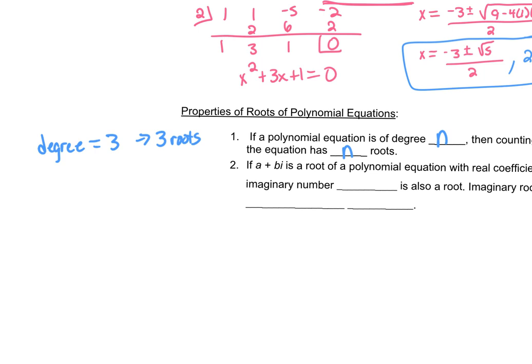Some of them might be real, some of them might be imaginary. We'll talk more about that next week. If I tell you that the degree is 5, how many roots are we going to have? 5 roots, right? Whatever the degree is, that's how many solutions we have to have.